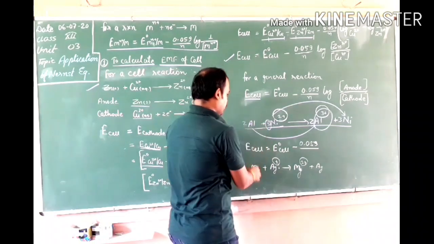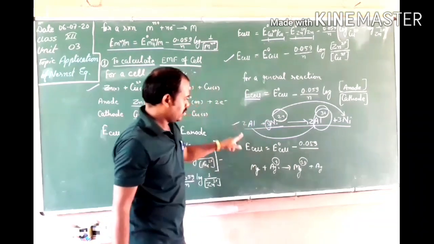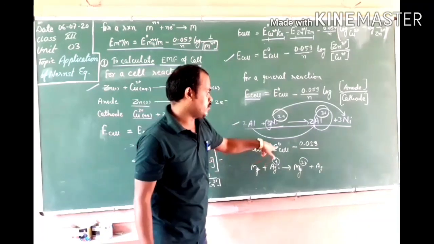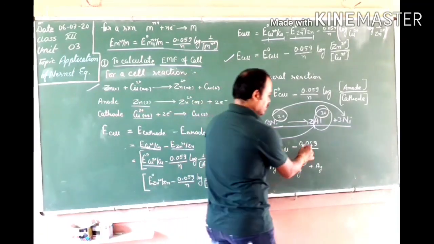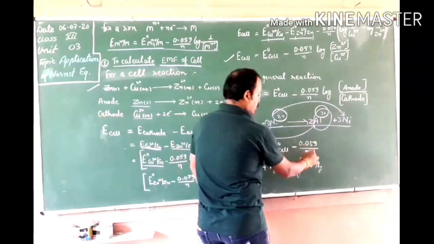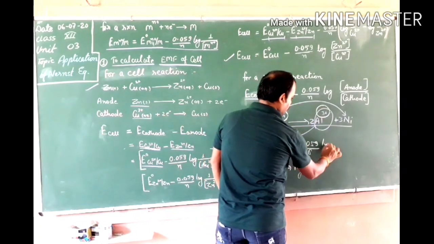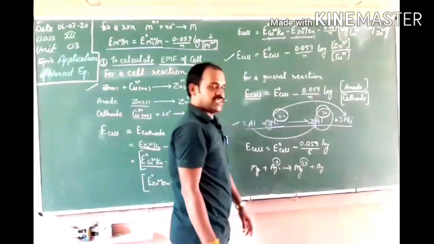So for this reaction, we are going to write the equation: E cell is equal to E naught cell minus 0.059 over the total number of electrons, 6, then log. Which is anode?